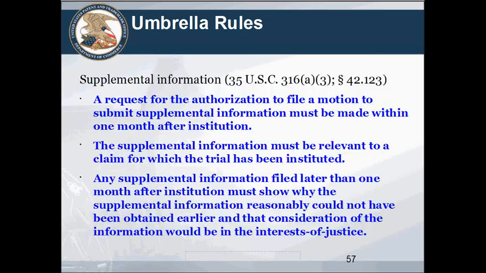So supplemental information again. A party may request to provide supplemental information within the proceeding. The rules require that a party that wants to file supplemental information needs to come in within a month after institution of the proceeding and ask to submit the supplemental information. Now, it's only going to be allowed to come in if it's relevant to a claim for which the trial has been instituted.